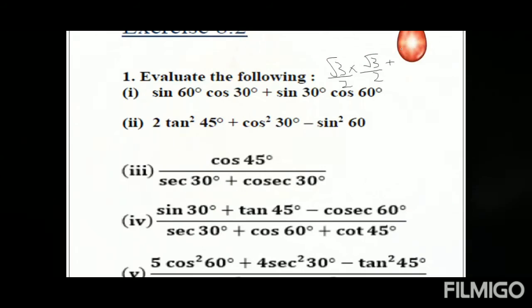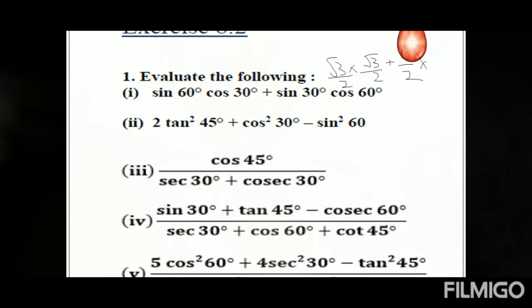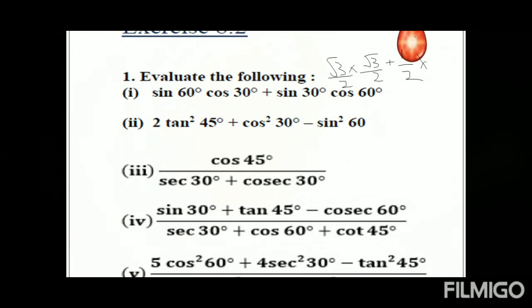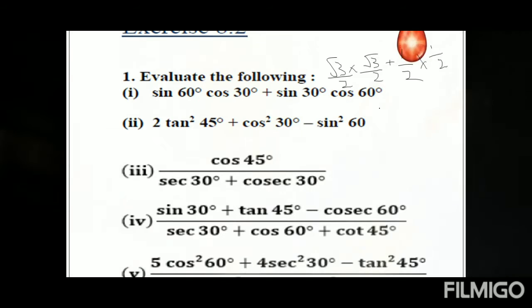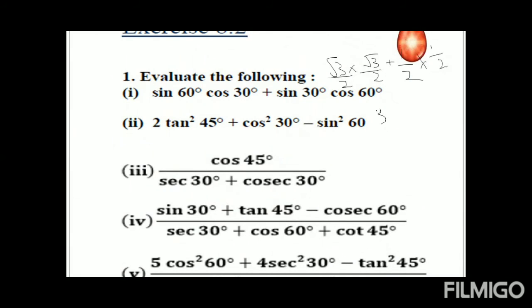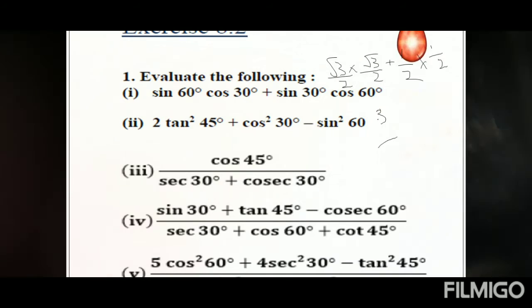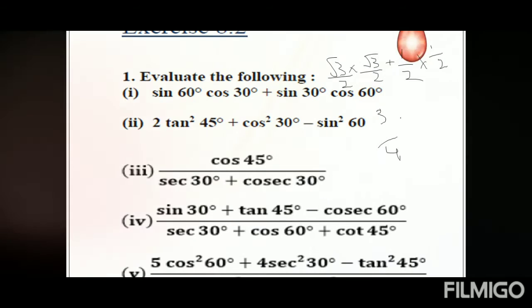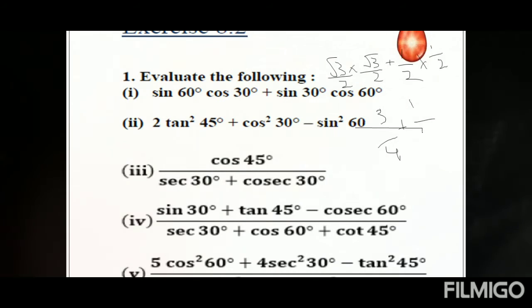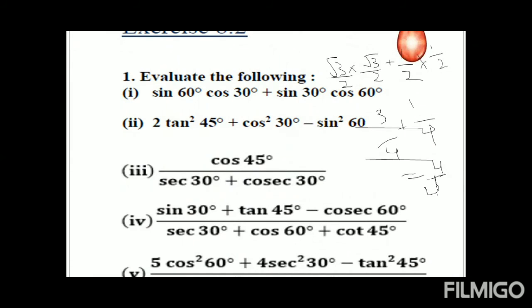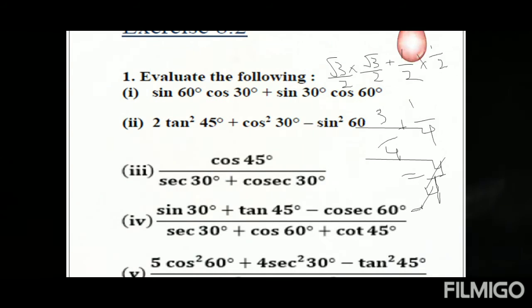Sine 30 is 1 by 2. And what is cos 60? Cos 60 is 1 by 2. So root 3 into root 3 will be 3, by 2 into 2 equals 4, plus 1 into 1 equals 1, and 2 into 2 equals 4. Then when you add it, it will be 4 by 4, and when you cancel it, you get the answer 1. So the answer for the first question is 1.